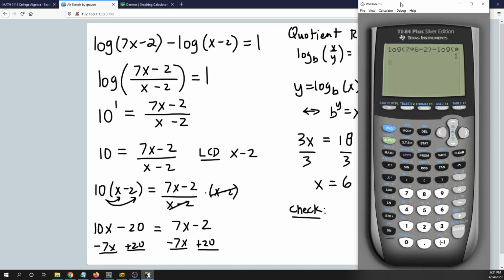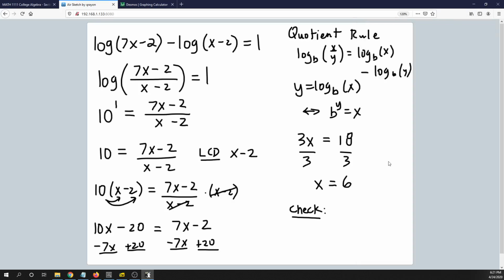If you're not going to check using your calculator, at the very least you need to make sure that when you plug in this 6, you don't get a negative inside there. If I plug a 6 in here, I get 7 times 6 is 42. 42 minus 2 is 40. And then here, if I plug a 6 in here, I get 6 minus 2, that's 4. Okay.